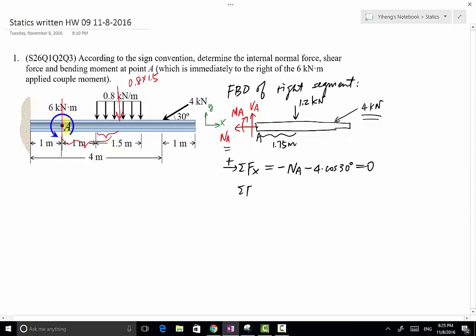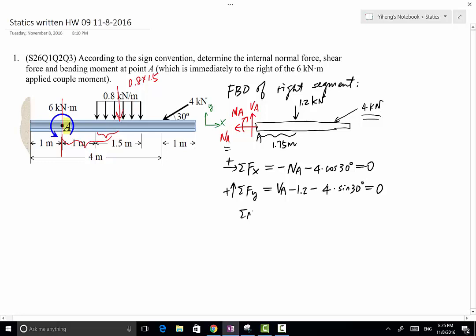Resultant force along the y direction, up is positive y. Therefore, we have VA that is positive, minus 1.2, minus the 4 kilonewton force also has a vertical down component, and that equals 0.